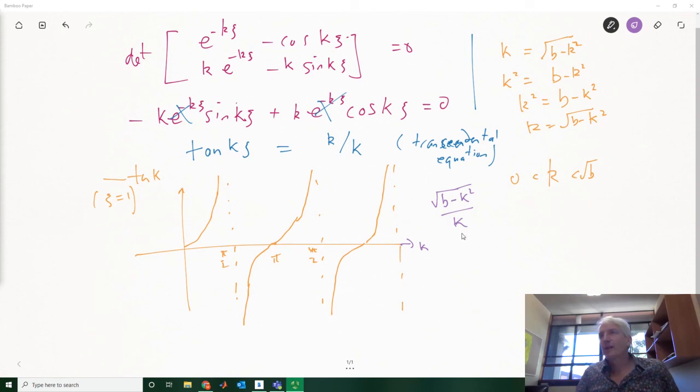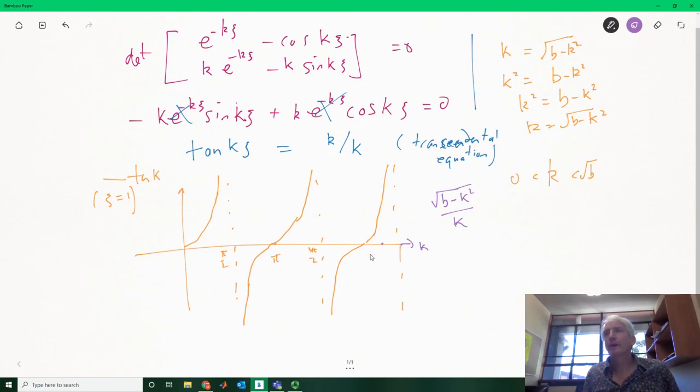So b is sort of the height of it. Somewhere down here is the point where kappa is equal to the square root of b, and that's when this thing vanishes.